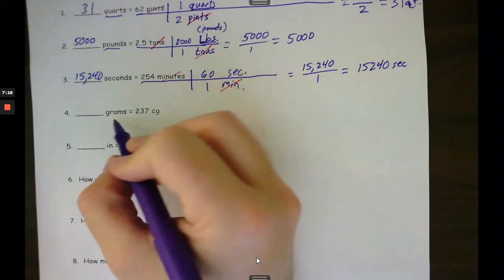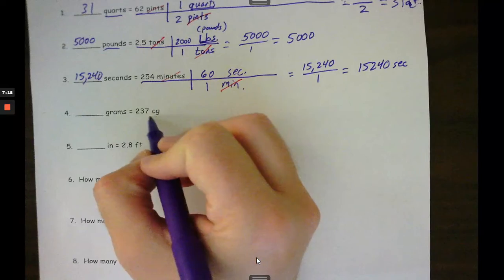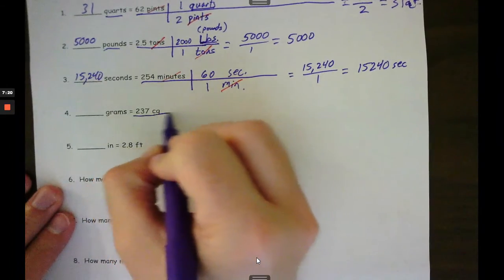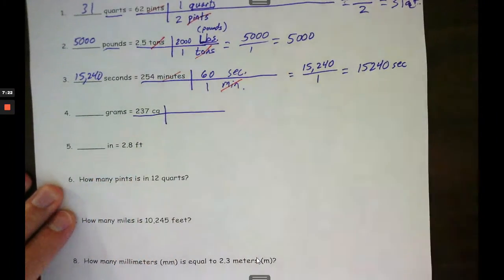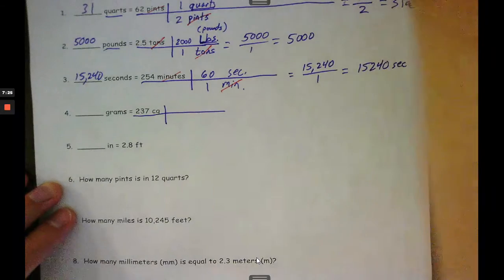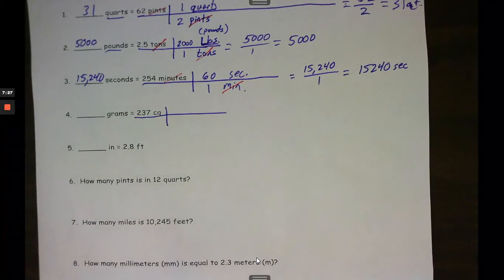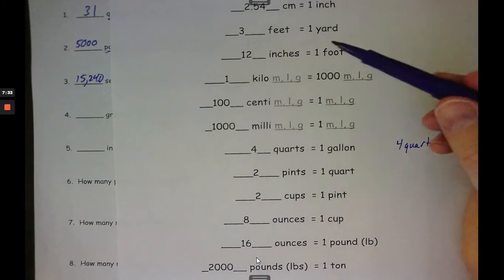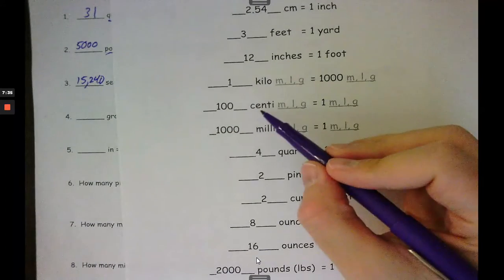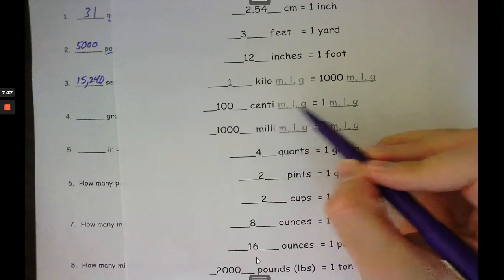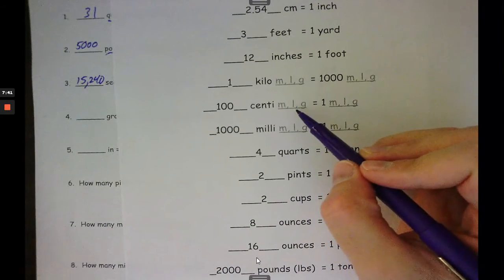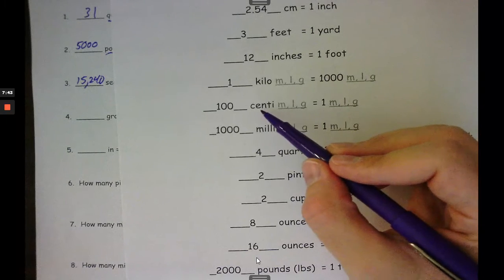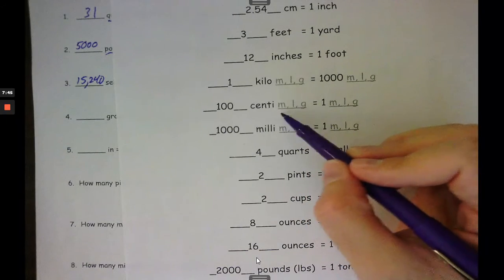Alright, we want to go from centigrams to grams. Some of them you may know, some of them you may not. Maybe we don't know centigrams to milligrams. But if I look over here, I'm looking for anything with centi. Alright, centi, and then we have M, L, and G. Meters, liters, grams. It could be any of these units. The one we're talking about specifically is centigrams. But it doesn't matter.